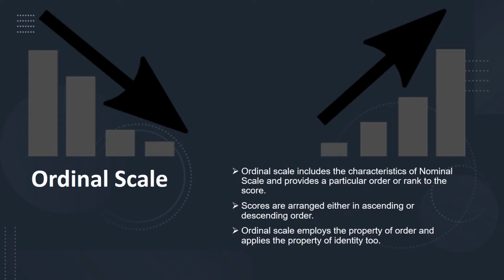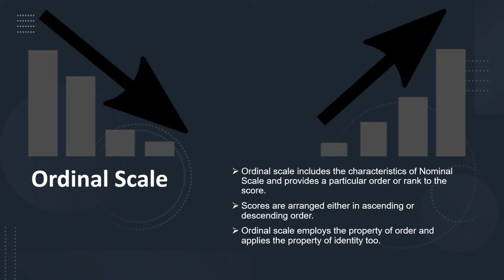Then further we can say that the ordinal scale employs the property of order. Try to understand. So what was the second property of the scales of measurement? The second property is the property of order. So here the ordinal scale uses the property of order.